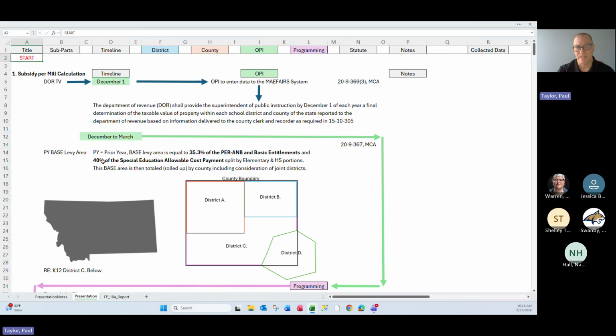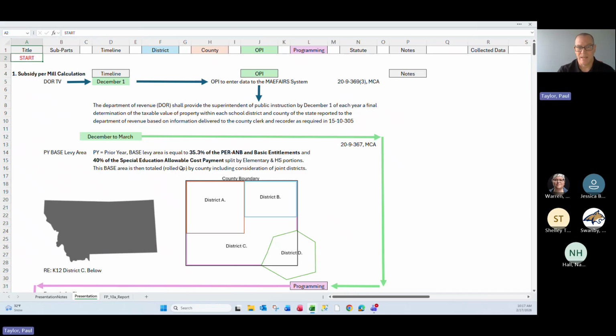This 40% is an obligation of school districts for payment. And once again, if the school district does not receive GTB, 40% would be a levy obligation of the district. And so what we've done essentially, by figuring 35.3% of per-ANB and basic, and 40% of special ed, is figure out the levy obligation area of a school district.